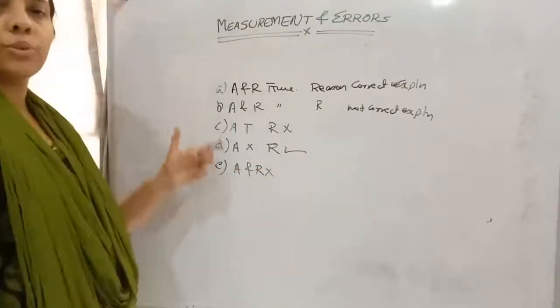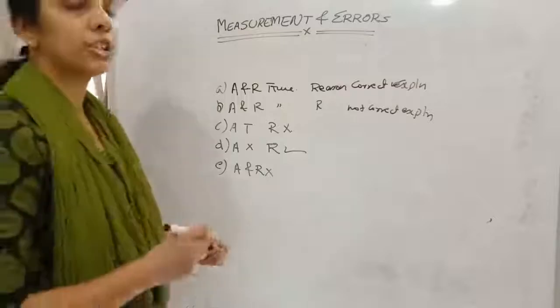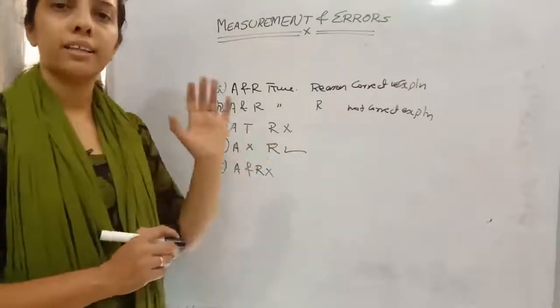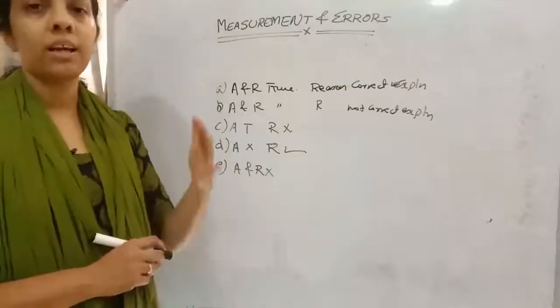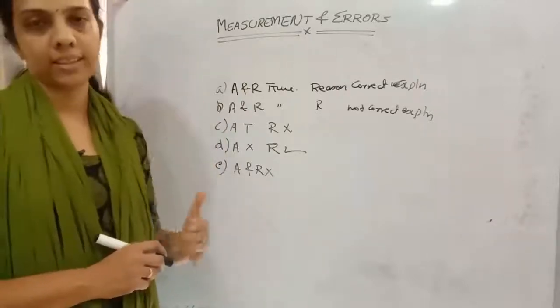So these are the options which will be given in assertion reason type questions, and after reading the assertion statement and reason statement you can tell which one is correct.